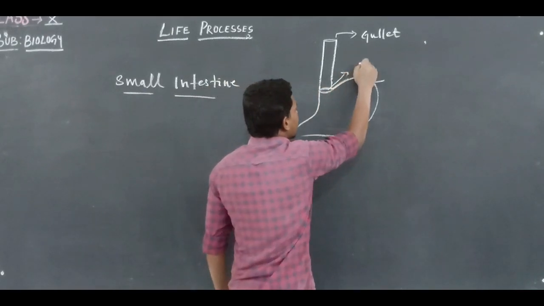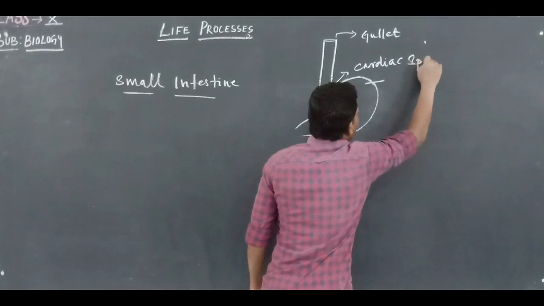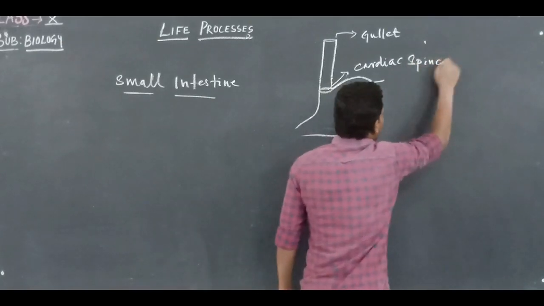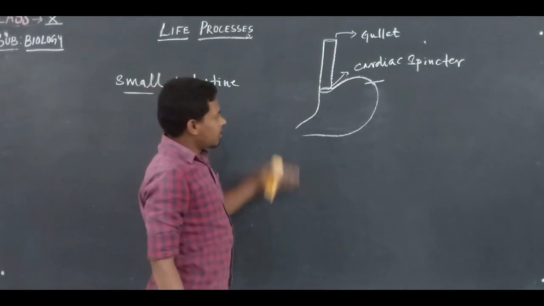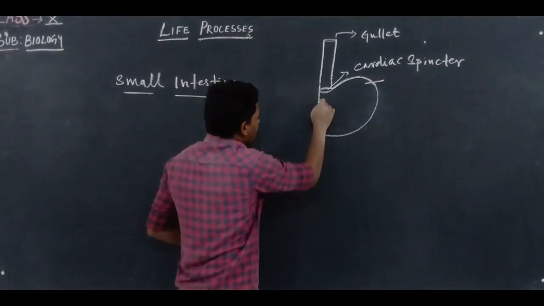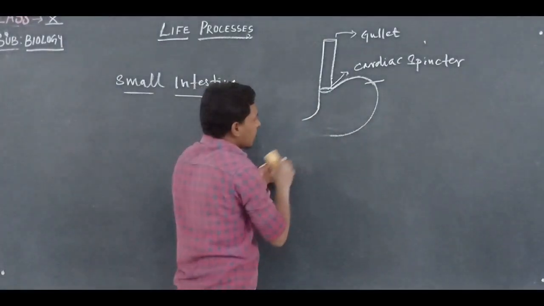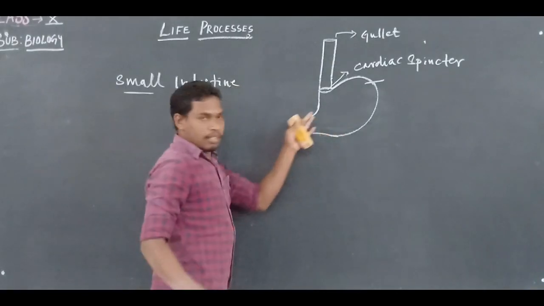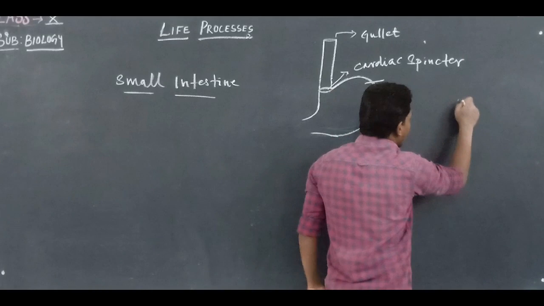So this is the cardiac sphincter. The esophagus starts with the gullet and ends in the cardiac sphincter, and the stomach continues from the esophagus in a flattened J shape.